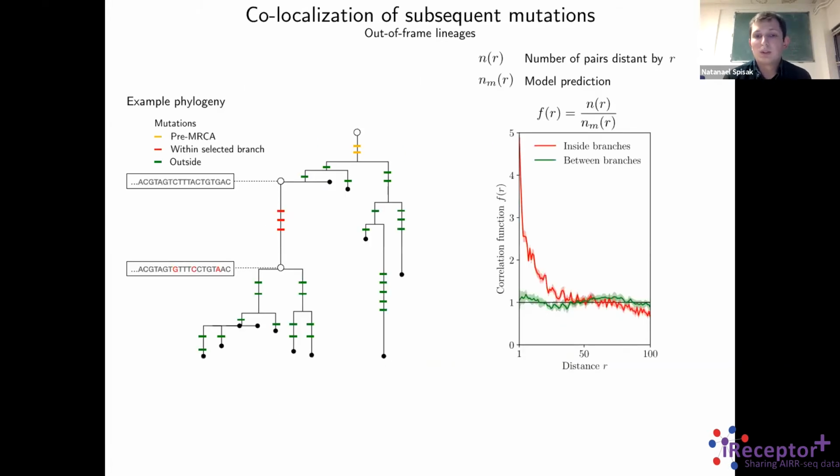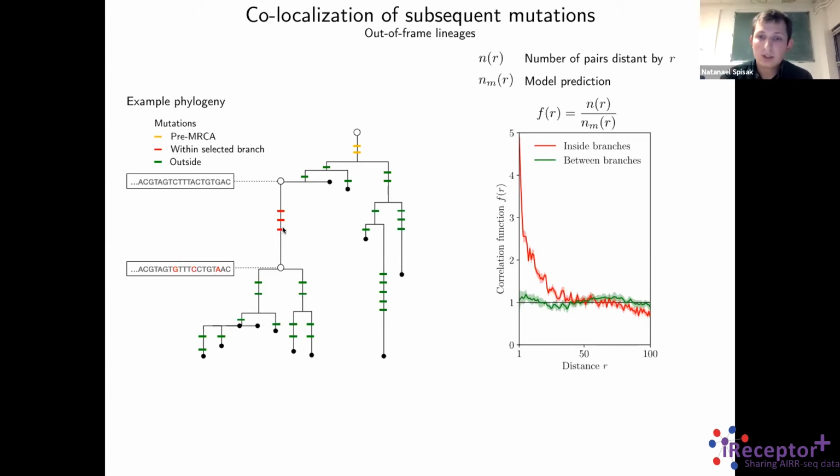Furthermore, we used our model, which comprises context and position dependence, to study the phenomenon of co-localization of mutations. So again, we take our phylogenies, and now let us focus on a single branch again. Here we see 3 mutations that are marked in red, and we ask what are the statistics of the distances between these pairs.